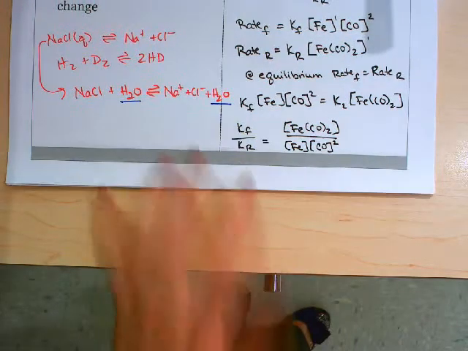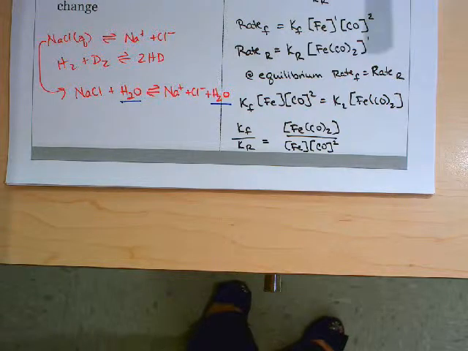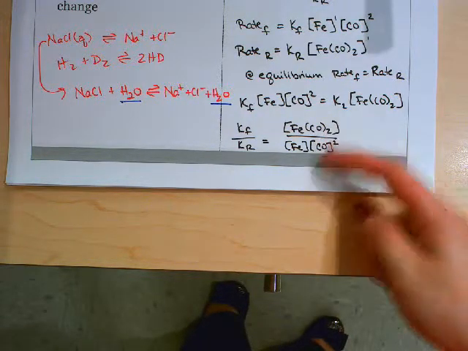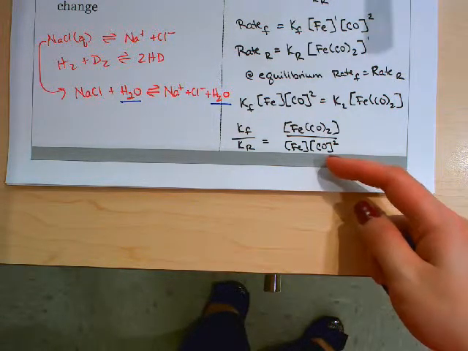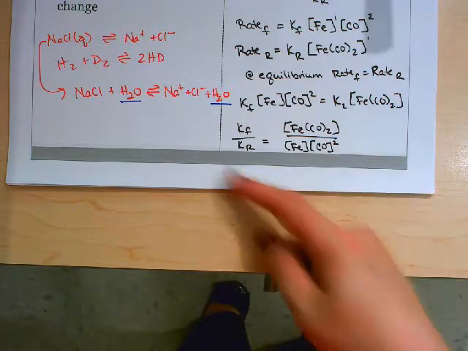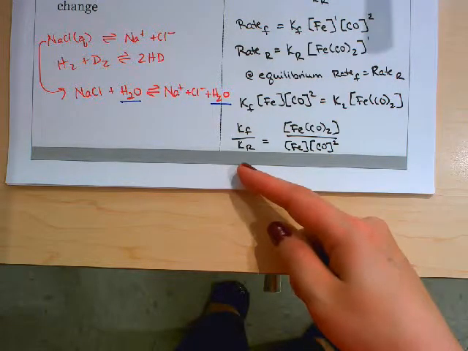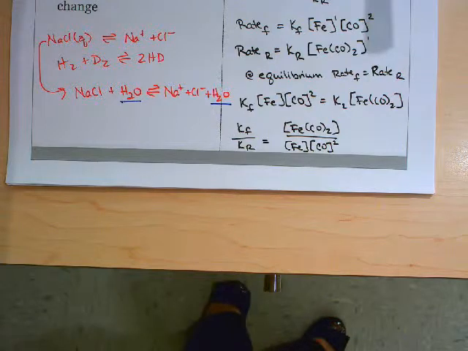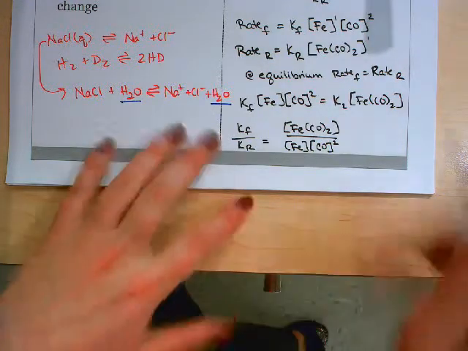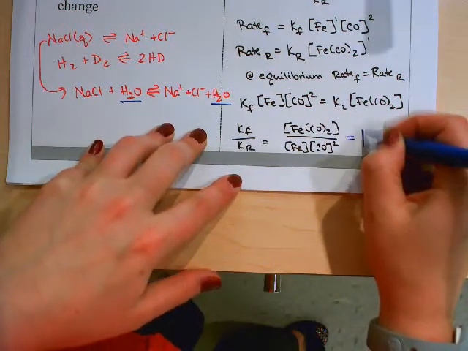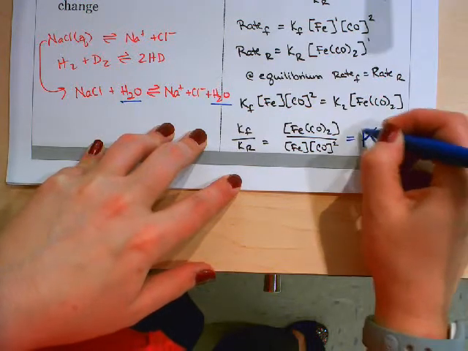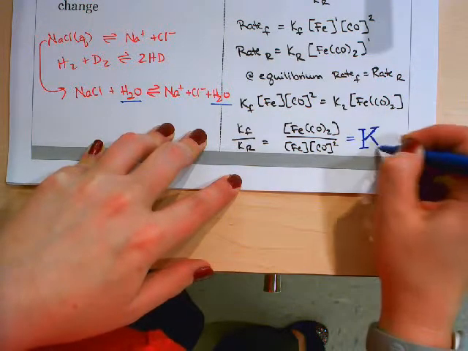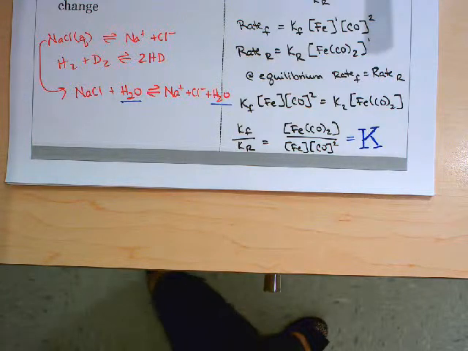Now I have a statement that deals with concentrations of products over reactants, each raised to its stoichiometric coefficient, equal to this rate ratio, right? How fast forward compared to how fast backwards.